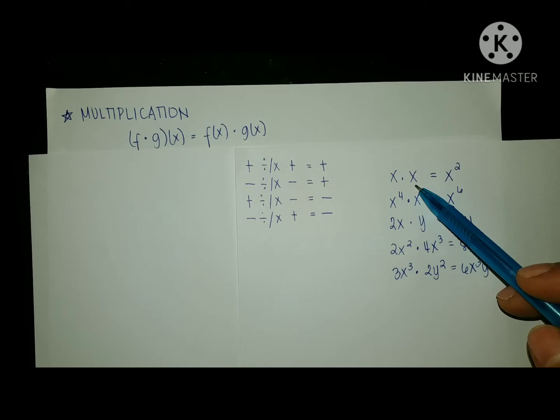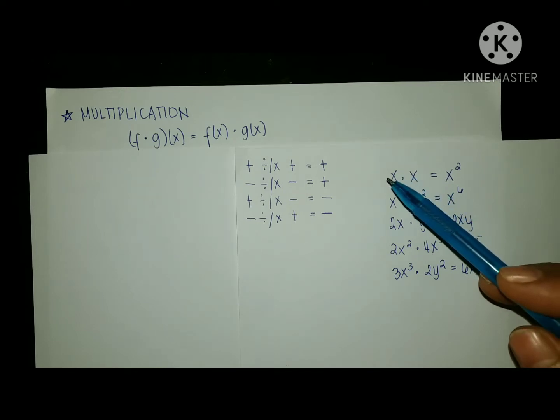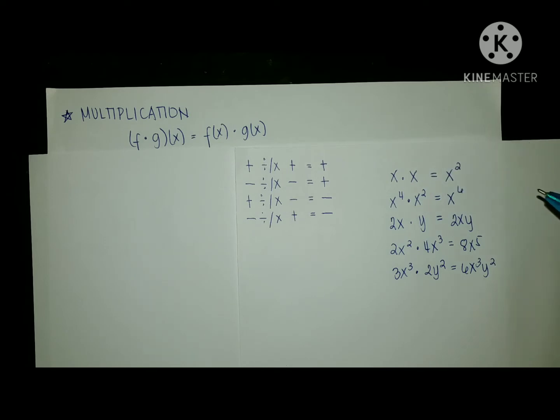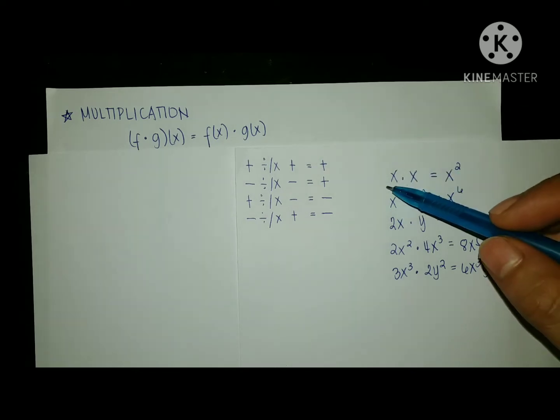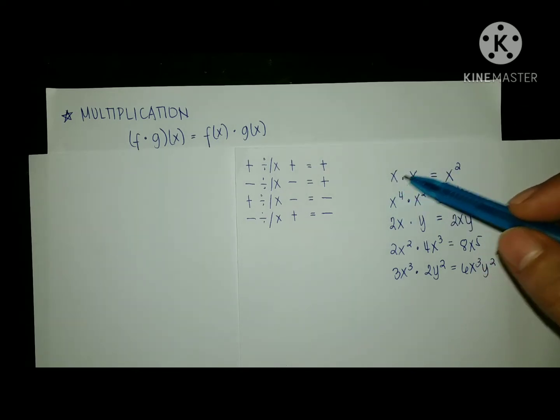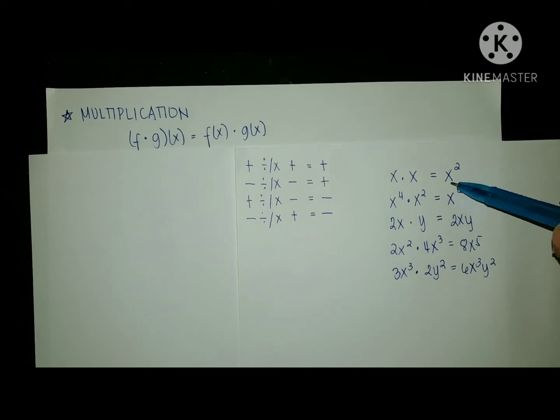As you can see, there are no numerical coefficients or numbers on the left side of them, but there is an imaginary one beside them. So multiplying them now, 1 times 1, that is 1. So there is also an imaginary one beside x.